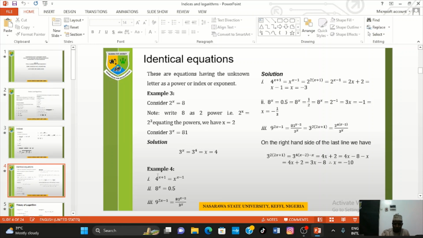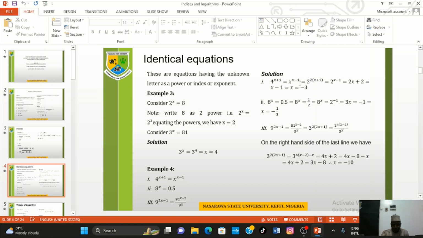Let's take number 1. 4 raised to the power of x plus 1 equals 2 raised to the power of x minus 1. Since the base on the right hand side is 2, you also think of the left hand side, this very 4.